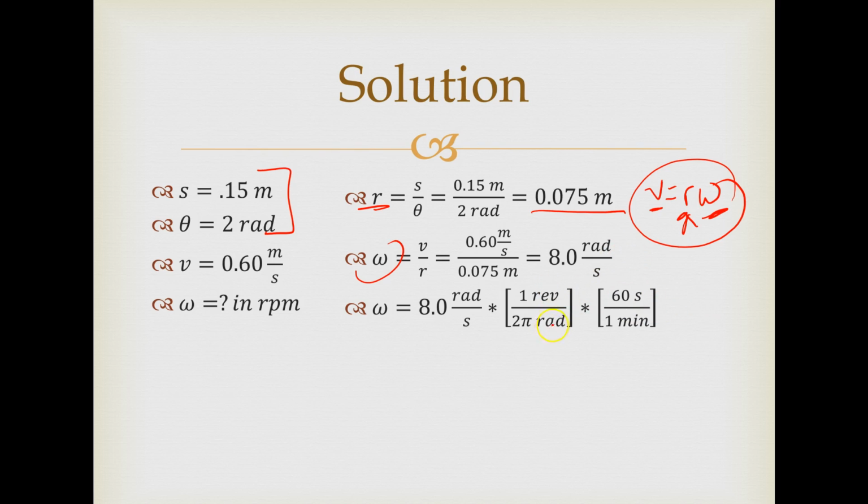So 1 revolution is 2 pi radians. My radians end up canceling. We want revolutions per minute, so we need to convert from seconds to minutes. I have both my conversion factors there. That gives me a final speed of 76.39 revolutions per minute. All right, I moved a little fast, but if you have any questions, let me know.